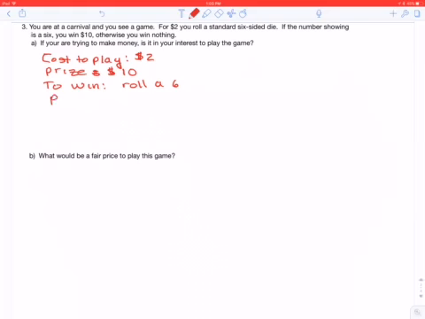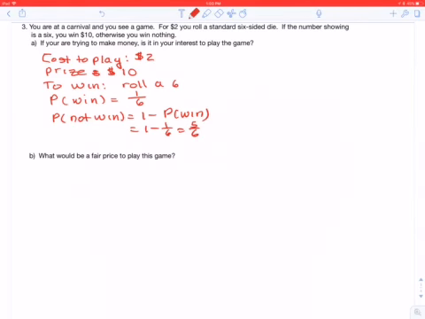Now the probability of winning: there's 1 six out of the 6 sides on a die. So the probability of not winning is 1 minus the probability of winning. So 1 minus 1/6, or 5/6.